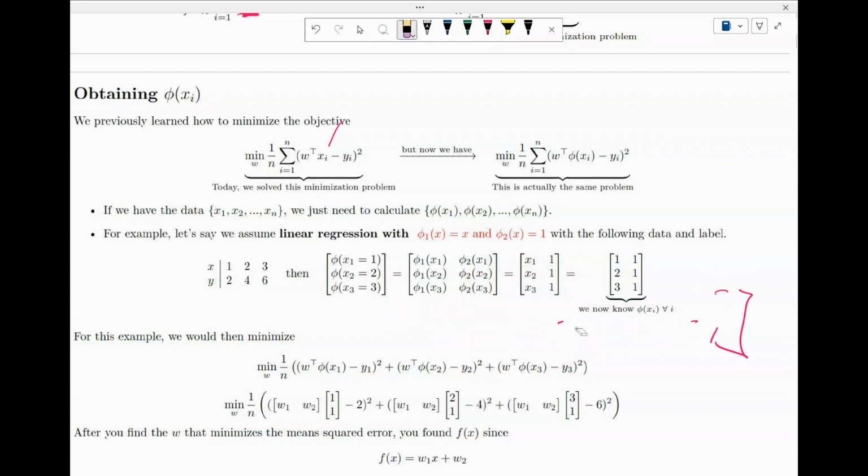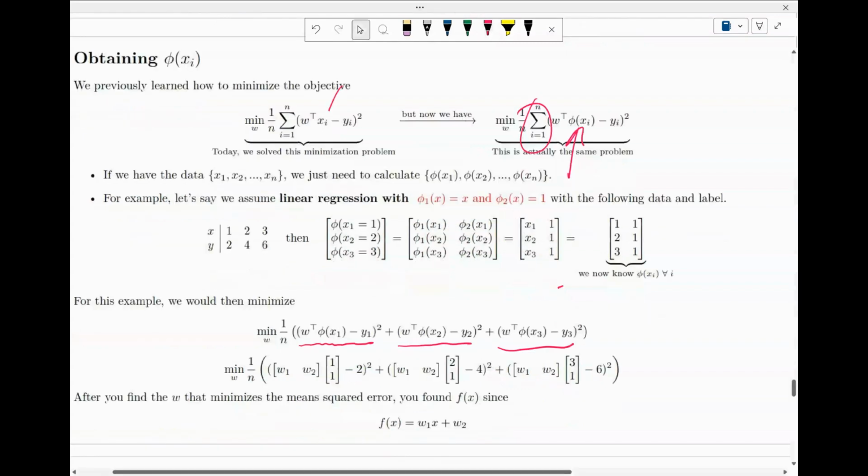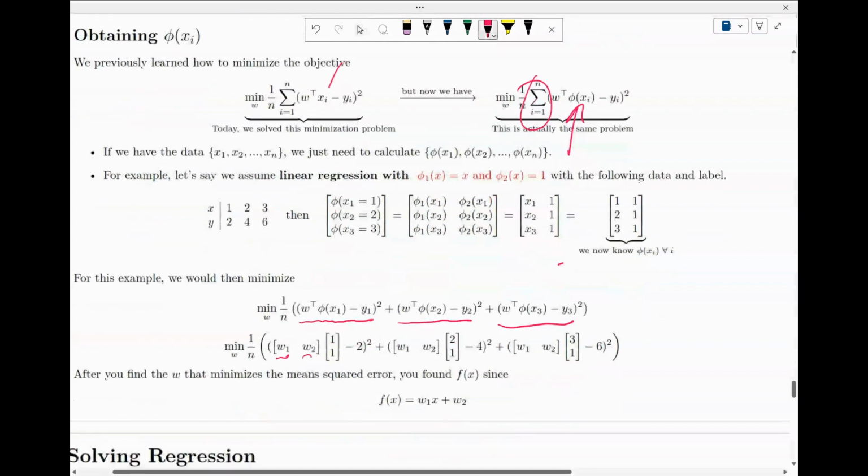This now implies that we're trying to minimize this objective. And now that we know what this is, we can just plug them in. There are 3 samples, so we're trying to sum up 3 of them. This is if we plug x1, this is if we plug x2, this is if we plug x3 in. So we're saying W1, W2 times phi x1, which is this one, will be here.